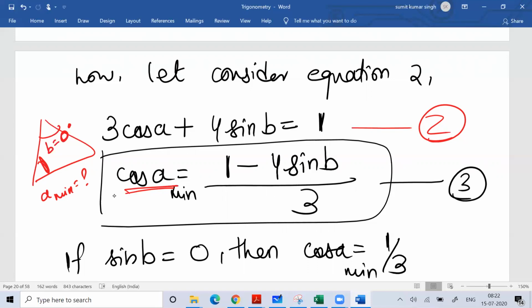If I put sin B equal to 0, then I get the cos A expression as 1 by 3. So cos A would be 1 by 3.